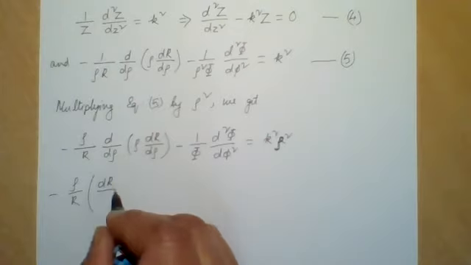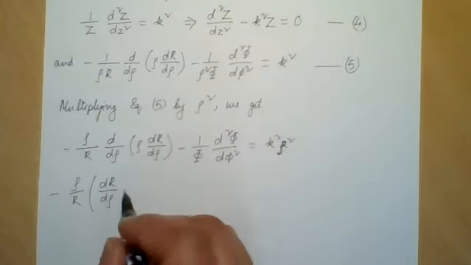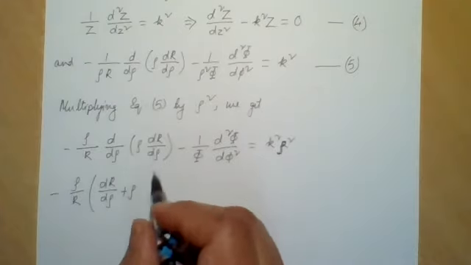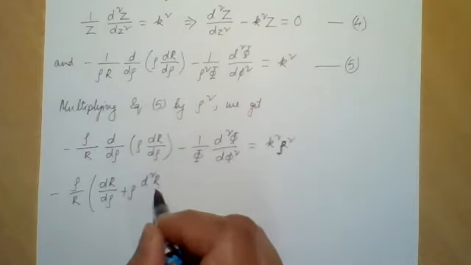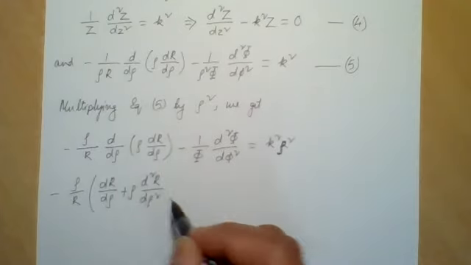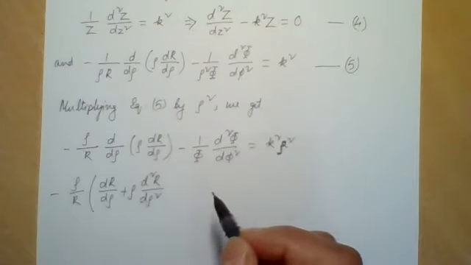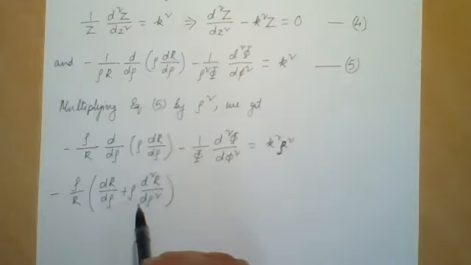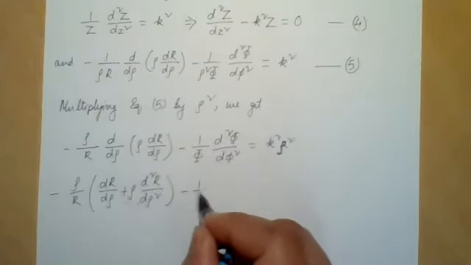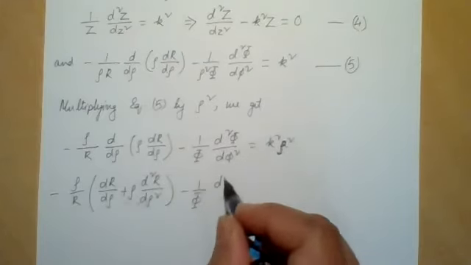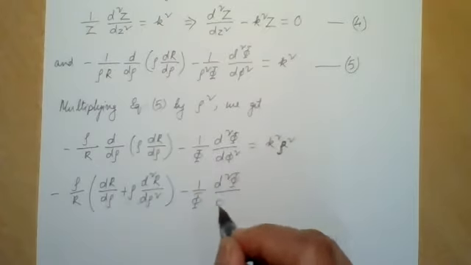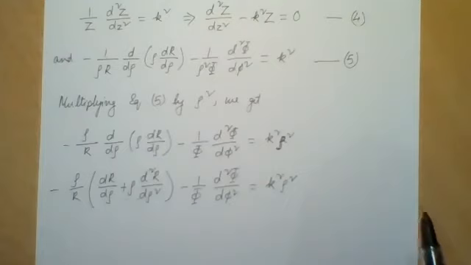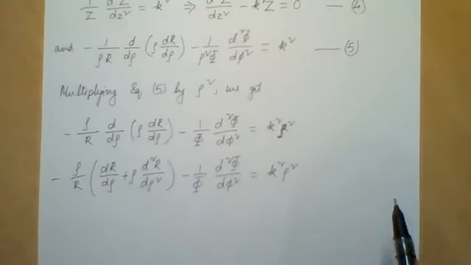So this is dR by d rho plus, rho you keep this rho, then we differentiate this with respect to rho. So this is rho square. When the product is expanded, minus 1 by phi d2 phi by d phi square. This is equal to k square rho square. Okay, this is fine.